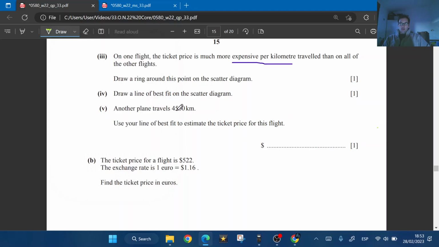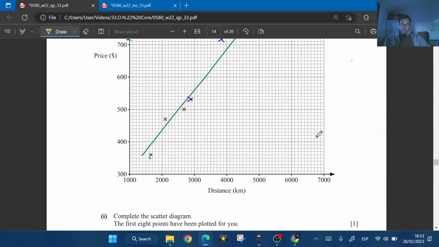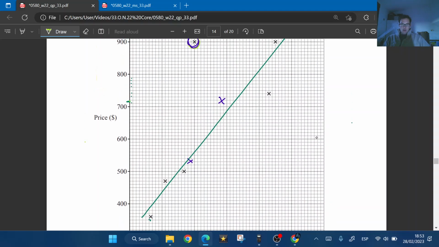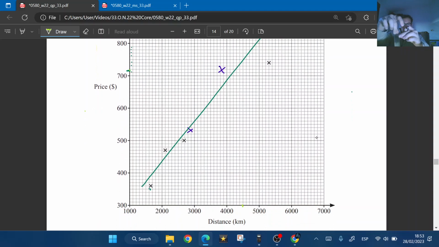Okay, so the plane travels 4,500 kilometers. Where would that be? That would be there in the middle. So we draw a line going up till we meet our line of best fit, because it says use your line of best fit. Then we draw a line across, and that's where we read the value from.